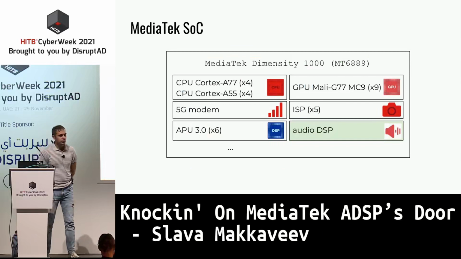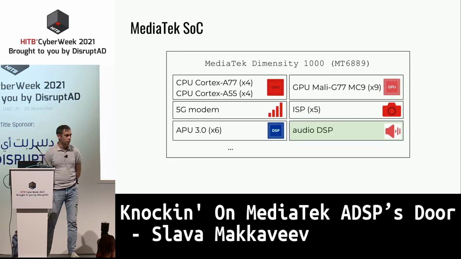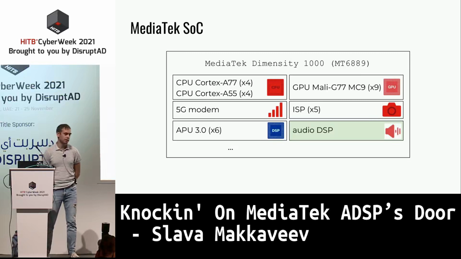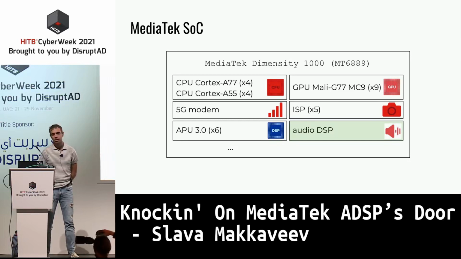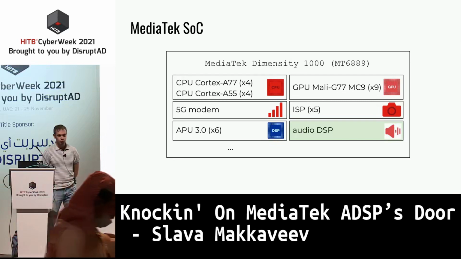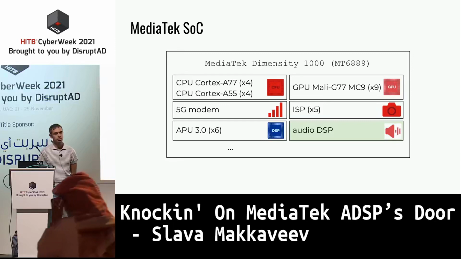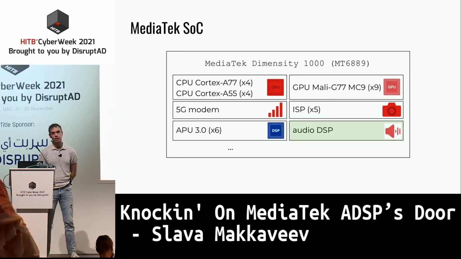I like this question, and I will ask it again. Do you know how many processors are in your mobile phone? You might be surprised. For example, the MediaTek Dimensity 1000 SoC, which is a high-end but not the latest SoC, contains 8 CPU cores, 9 GPU cores, 5-core image signal processor, and a built-in 5G modem processor, and has several digital signal processors.